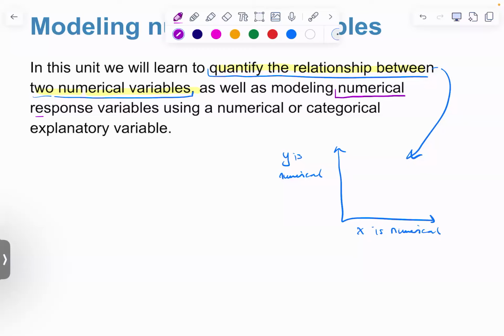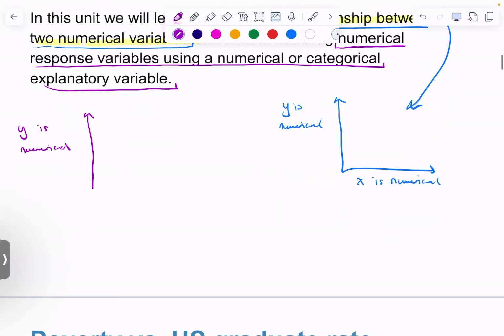We can also model a numerical response variable using a categorical explanatory variable. So what that would look like is like this. Y is numerical. And X can be categorical.